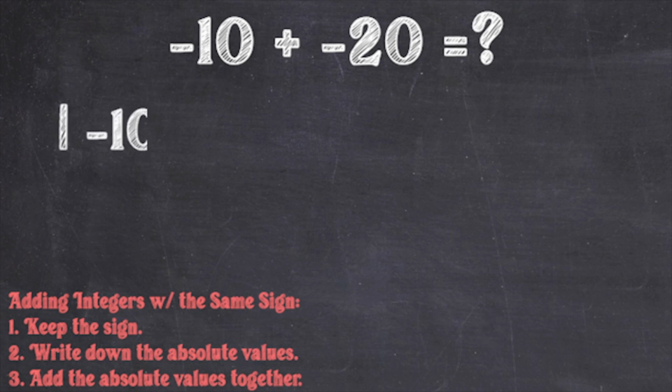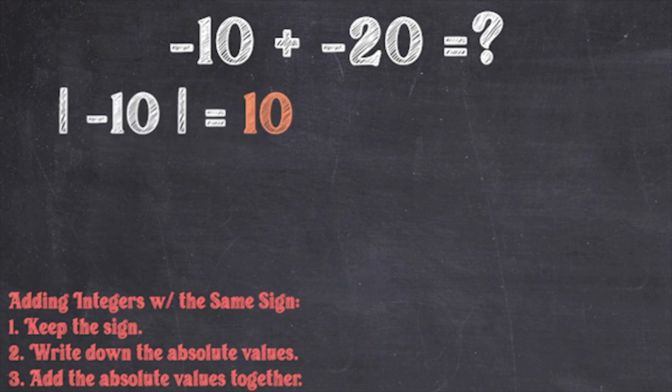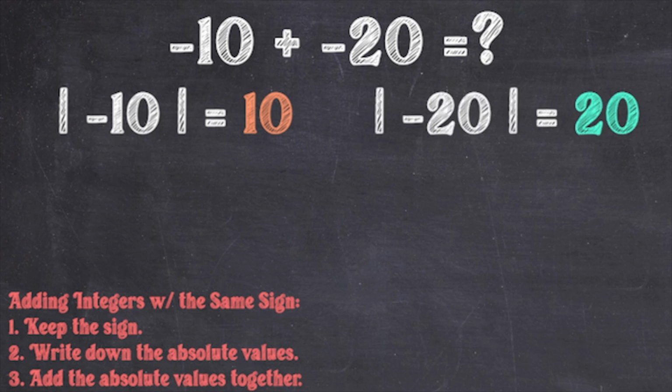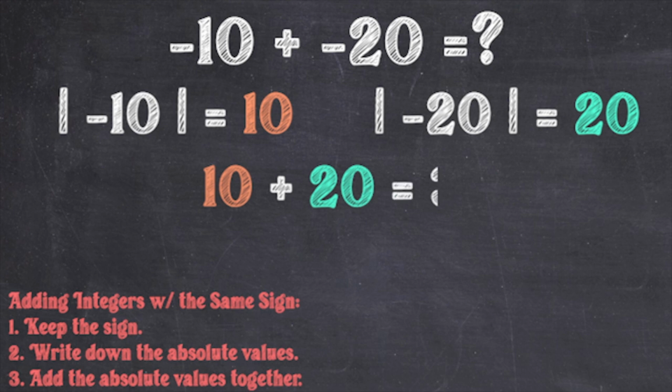The absolute value of -10 is 10, and the absolute value of -20 is 20. Adding those 2 absolute values gives us 30. So we can write down 30 next to the negative sign. Thus, -10 plus -20 equals -30.